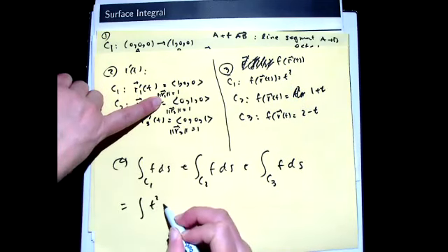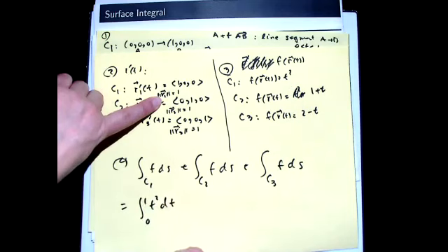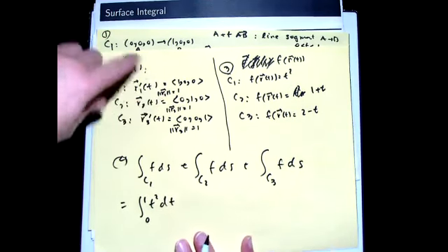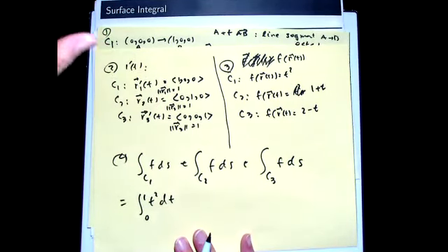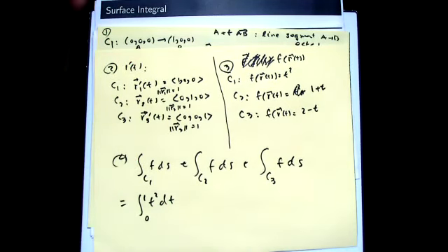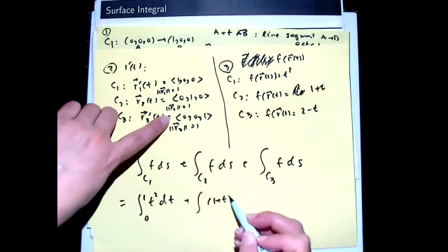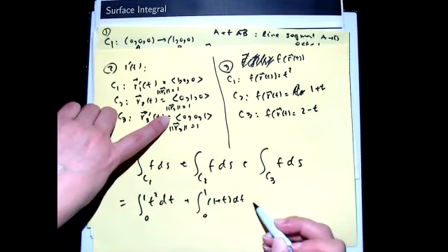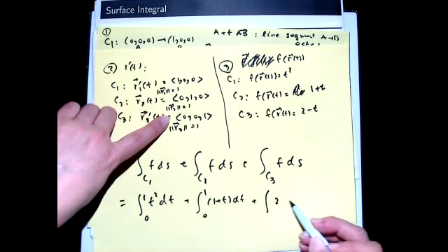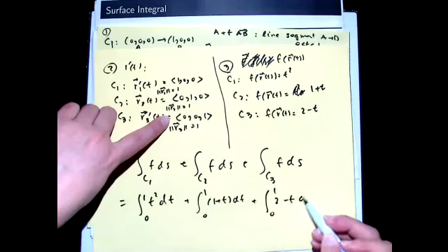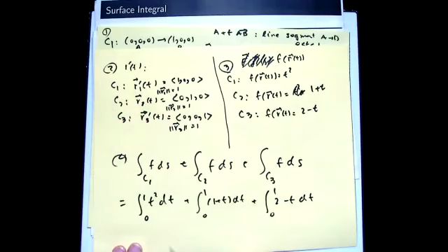T squared dt from 0 to 1. Remember, the parameterization of each piece was such that T would be from 0 to 1. The dummy parameter was 0 to 1 for each one of them. And that was the trick, basically. The second one, f is 1 plus T, dt, 0 to 1, plus 2 minus T, 0 to 1, dt. And you compute.